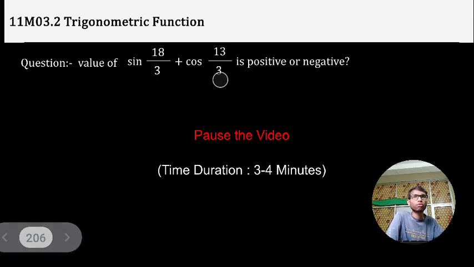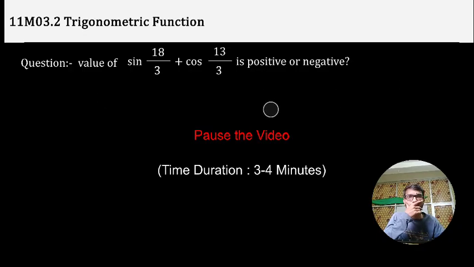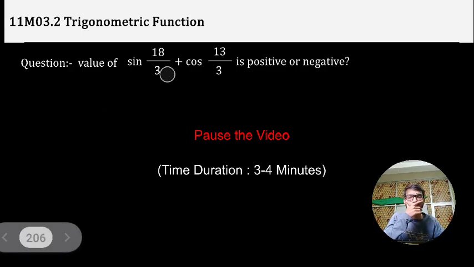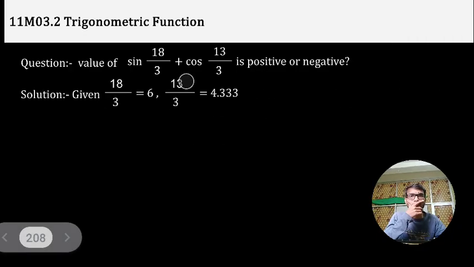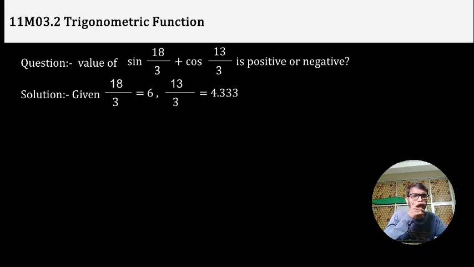So 6 and 4 point something, we can look at the sum of this and this.